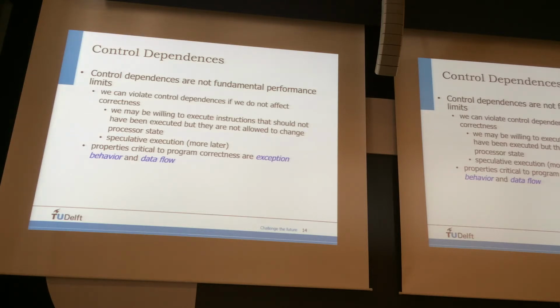Now, if I do speculative execution, the status of the processor would be different. Then I have an exception, and my exception will see the processor in a different status than it would have been if no speculative execution would have been done. And that can create a problem. And here we talk about what is called precise and non-precise interrupts.